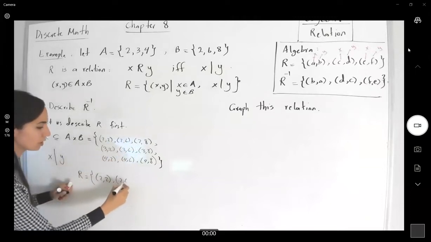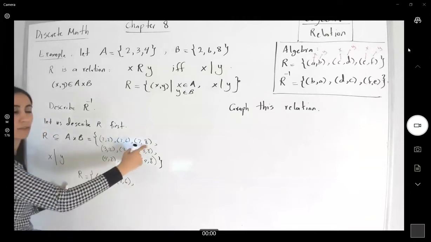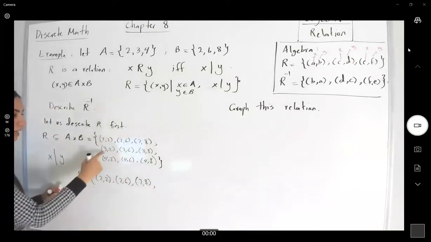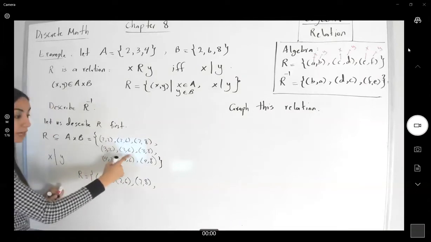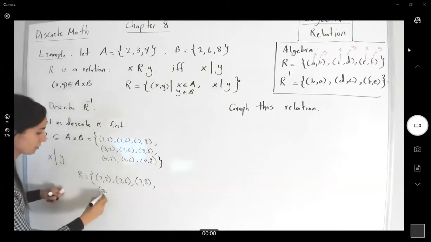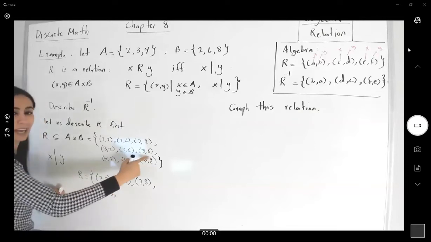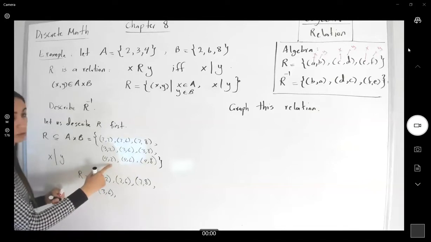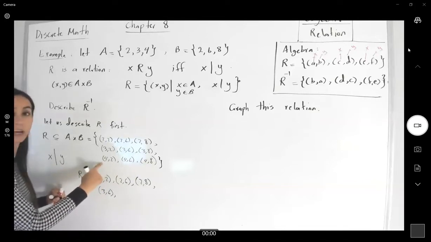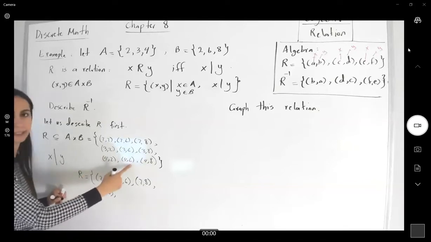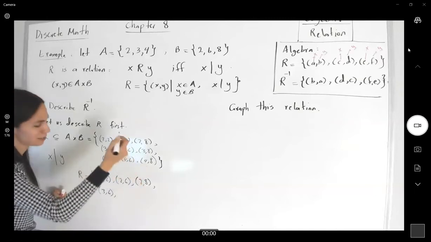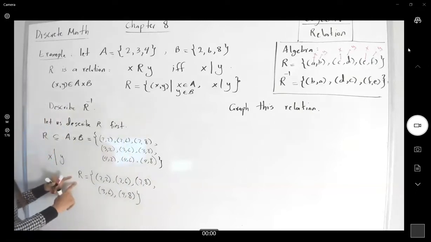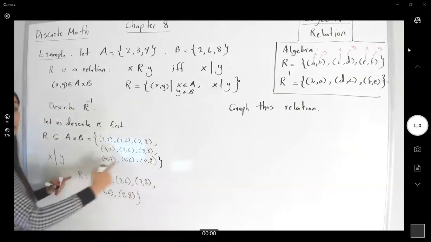So the next point is 2 and 6. 2 divides 8, of course. 2 and 8. 3 and 2, no. 3 and 6, yes, of course. 3 and 8, not a chance. 4 and 2, of course not. 4 doesn't divide 2, 2 divides 4, but 4 doesn't divide 2. 4 and 6, no. 4 and 8, of course. So this relation has these points.